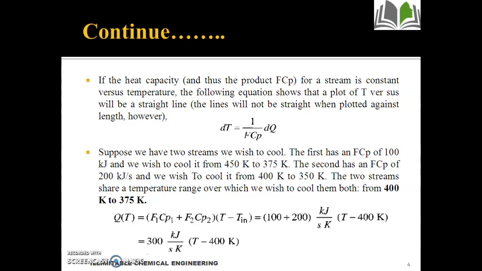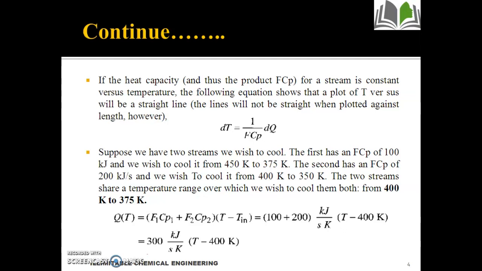The first hot stream has a heat capacity FCp of 100 kilojoule, and the second has a heat capacity of 200. The first hot stream has a temperature range between 450 Kelvin and 375 Kelvin, and the second hot stream has a temperature range between 400 Kelvin and 350 Kelvin.